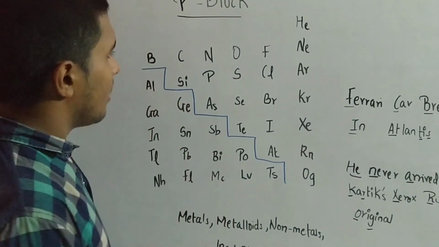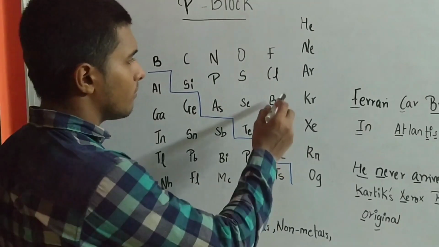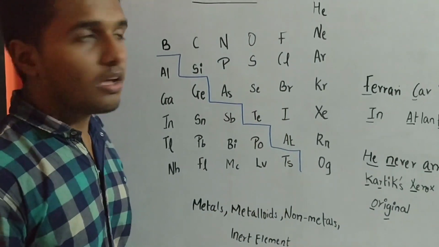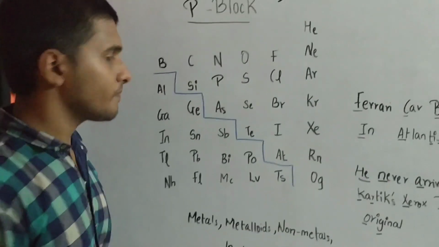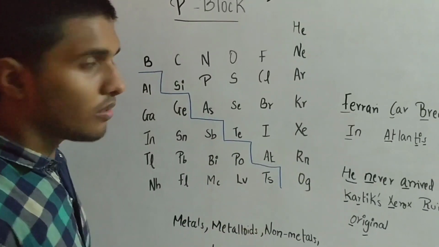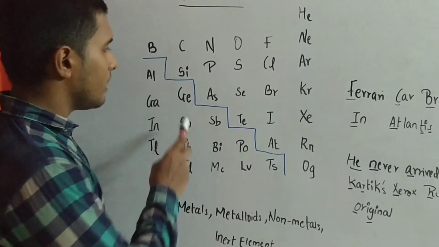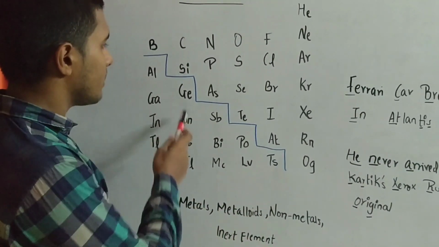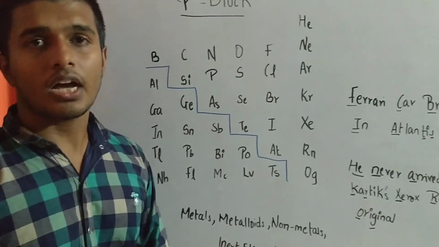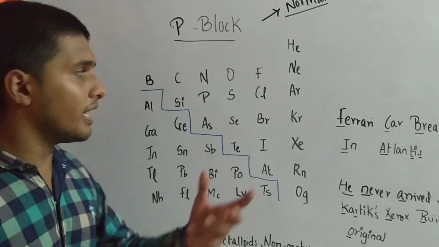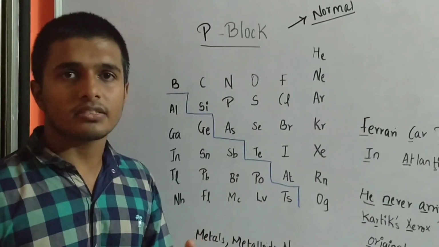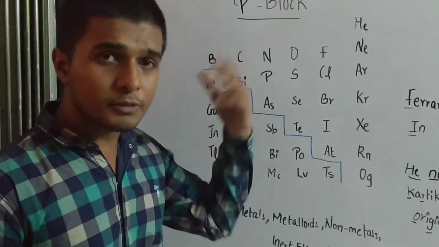One more thing I have to say is that bromine is the only exception among non-metals which is found in liquid state. And there are certain elements like gallium, germanium, arsenic, which were named eka-aluminium, eka-silicon, eka-arsenic by our famous and remarkable Russian scientist Dmitri Mendeleev in his periodic table.